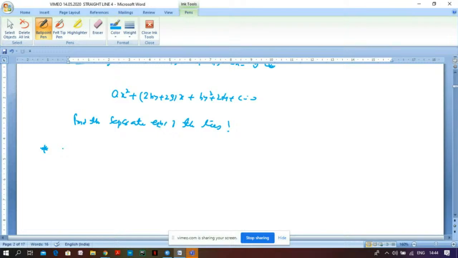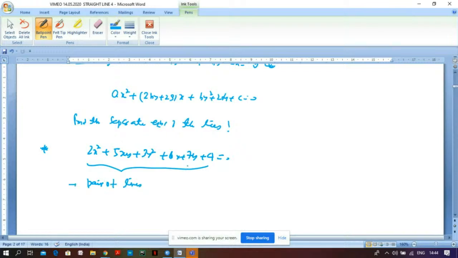Our example is the locus 2x squared plus 5xy plus 3y squared plus 6x plus 7y plus 4 equal to 0. I want to find out this pair of lines. In objective questions, choices will be that this represents a pair of lines and the angle between them is something similar.